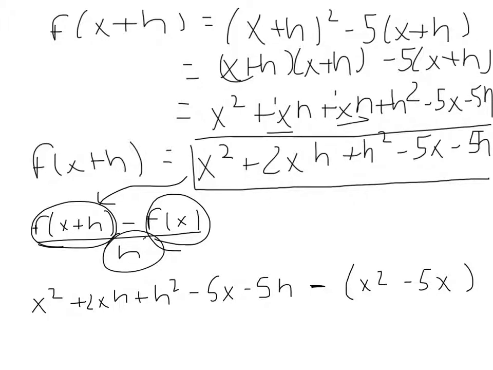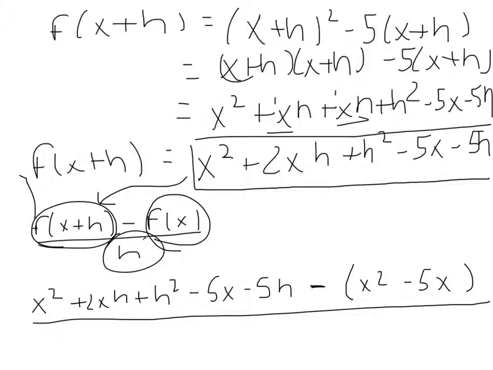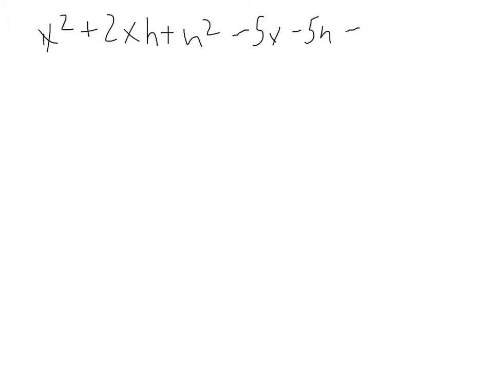But let's go ahead and simplify out what will be the numerator here. Alright, so now we have x squared plus 2xh plus h squared minus 5x minus 5h minus the original function, x squared minus 5x. This is our numerator.